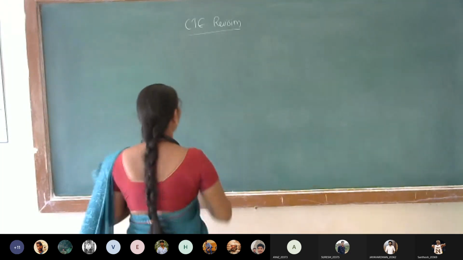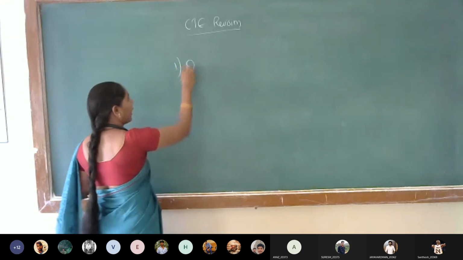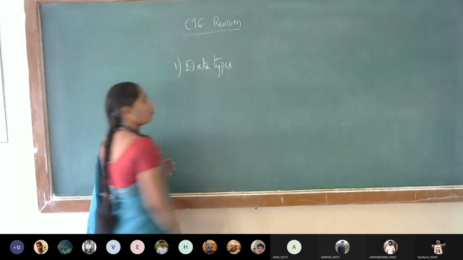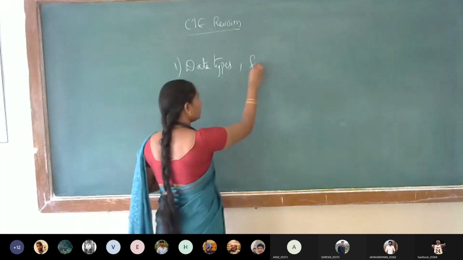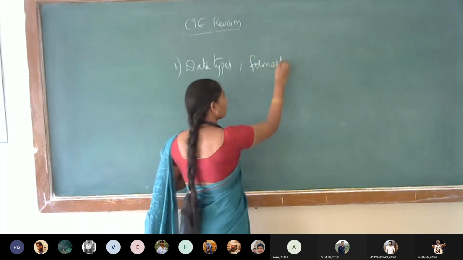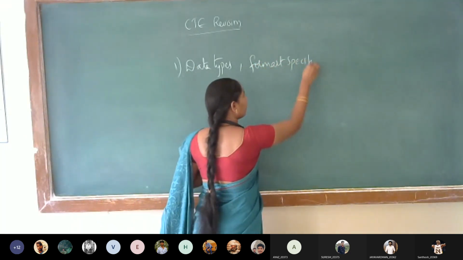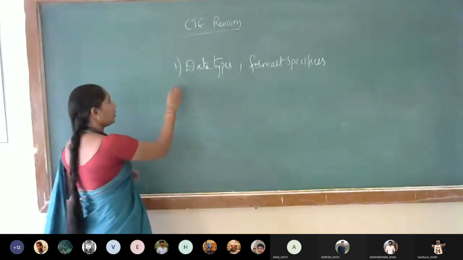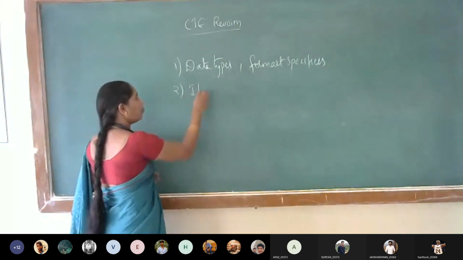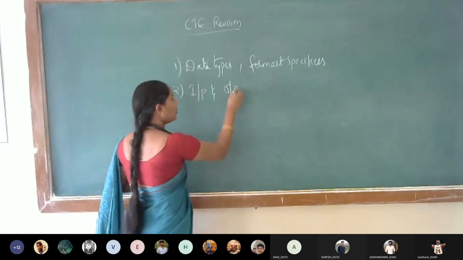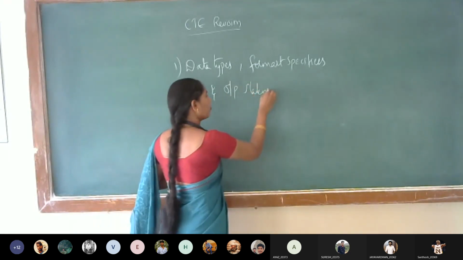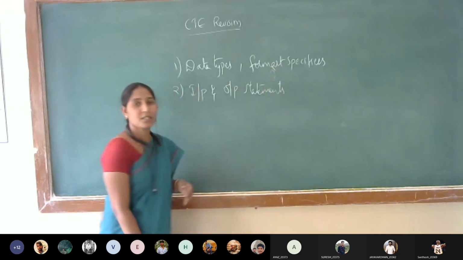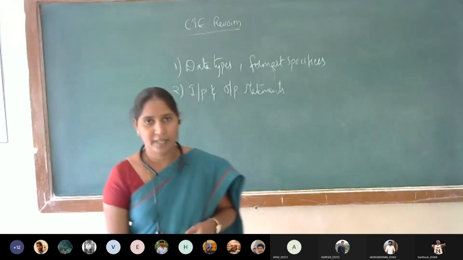First we'll see the data types, what are the different types of format specifiers we are using, what are the input and output statements we have, and in those input output statements how we are going to use the format specifiers.